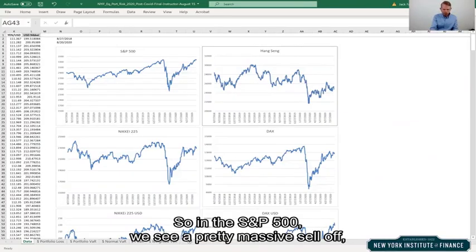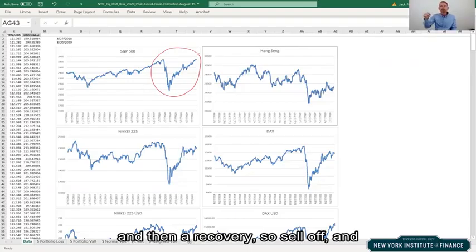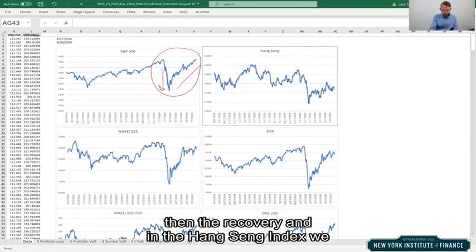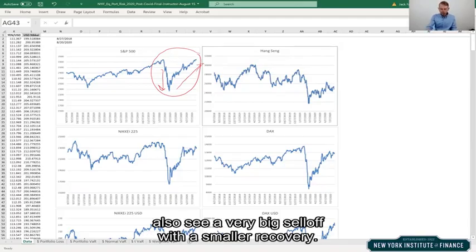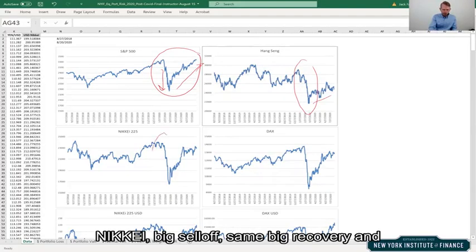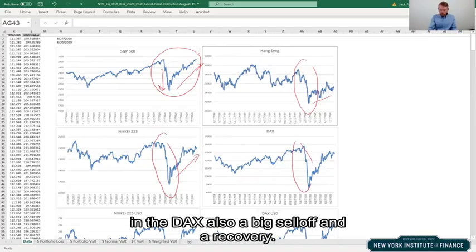So in the S&P 500, we see a pretty massive sell-off and then a recovery. And in the Hang Seng Index, we also see a very big sell-off with a smaller recovery. Nikkei, big sell-off, same big recovery. And in the DAX, also a big sell-off and a recovery.